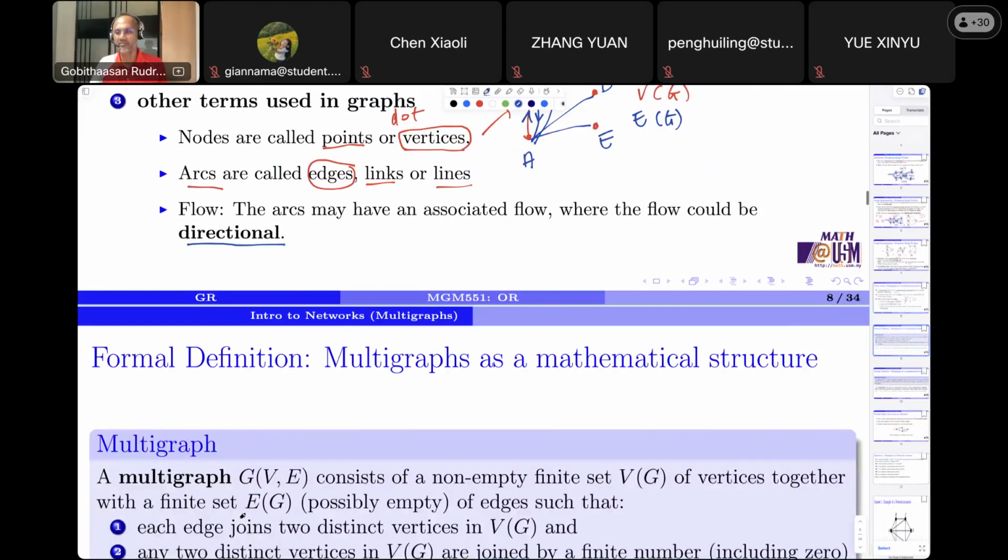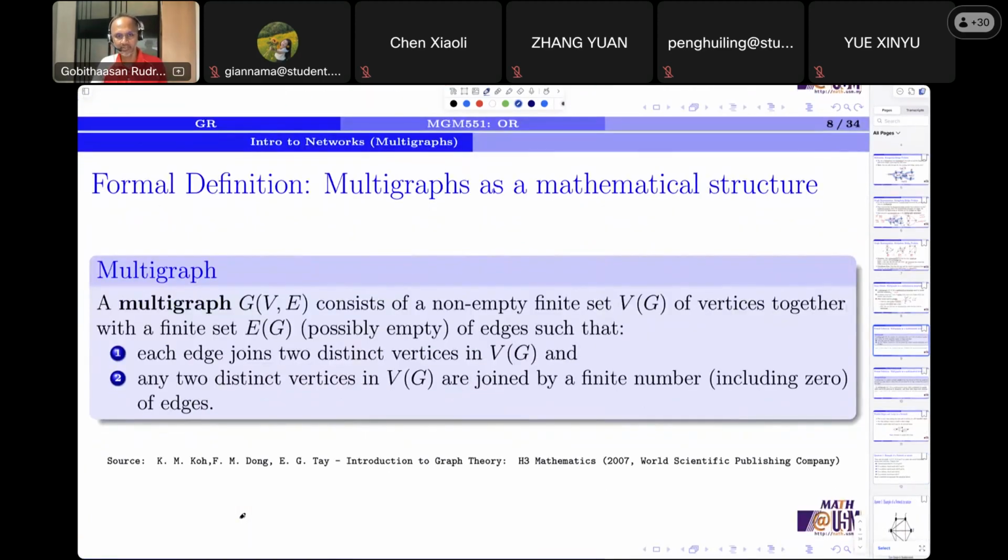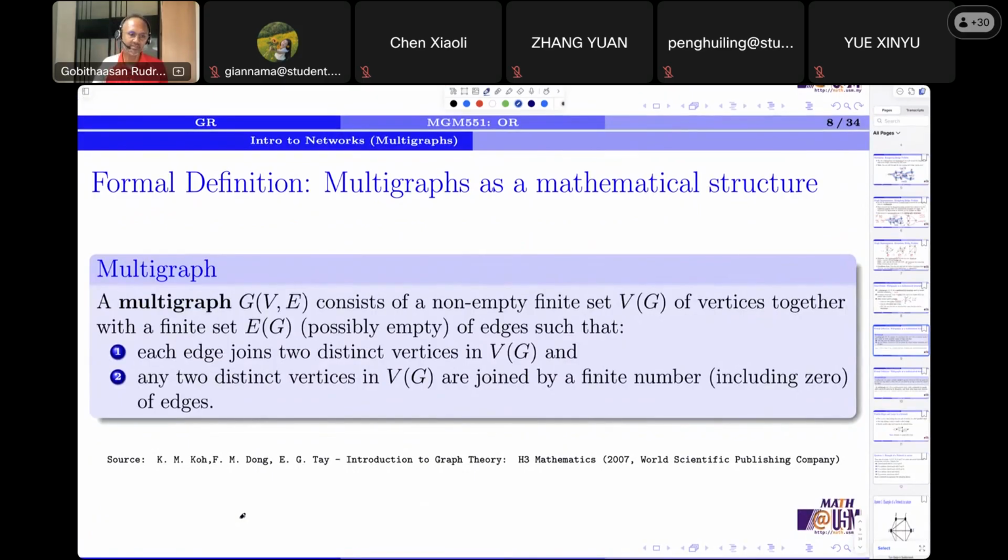So this is a formal definition of a multigraph. A multigraph G consists of a non-empty finite set, which we denote as V(G), of vertices together with a finite set E(G), which can be empty, of edges, such that each edge joins two distinct vertices in V(G).